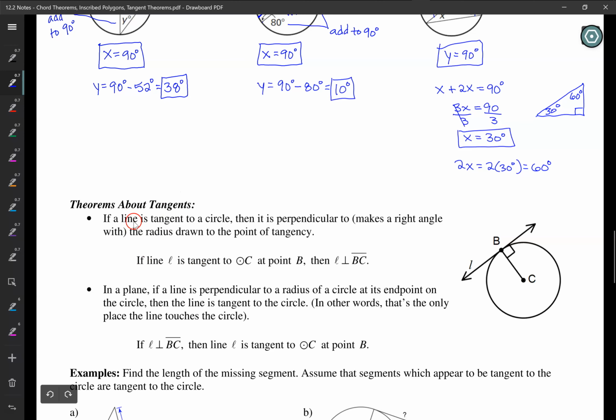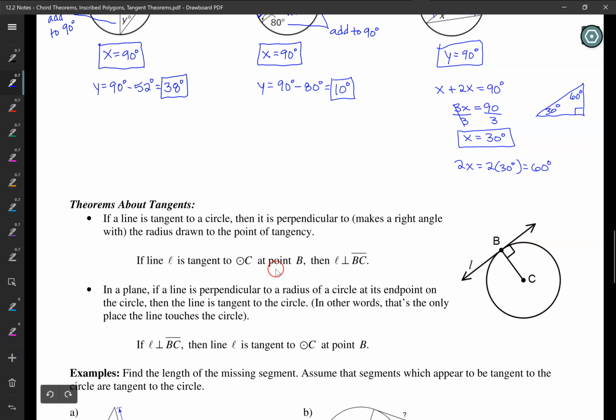So a theorem about tangents is that if you draw a tangent and you draw a radius from the center to the point of tangency, that radius will be perpendicular to the tangent. So the radius and the tangent will make a right angle with each other.